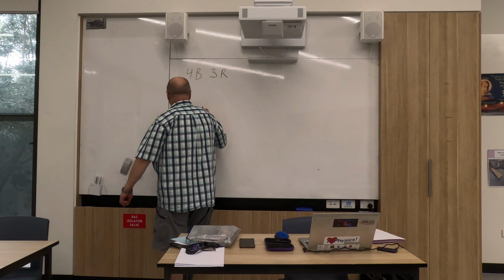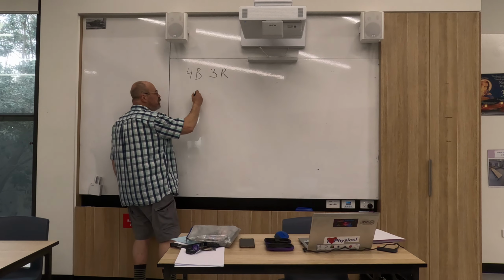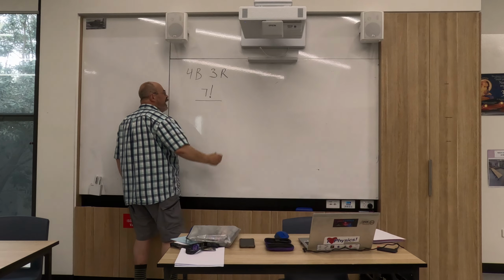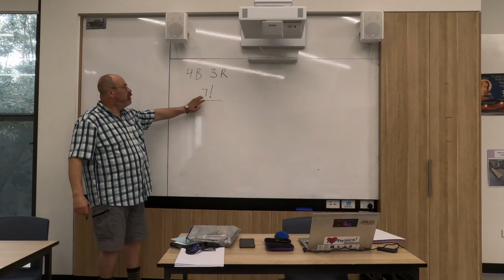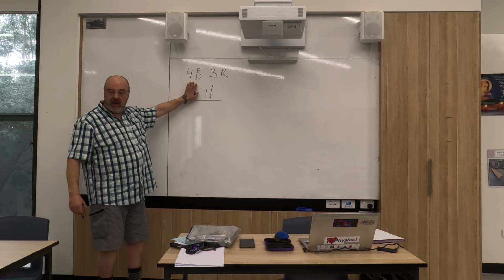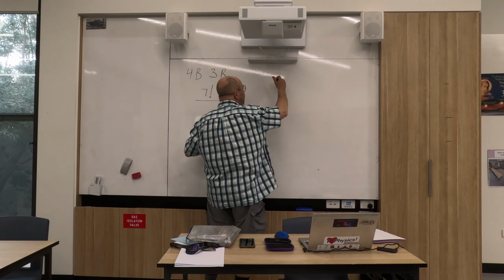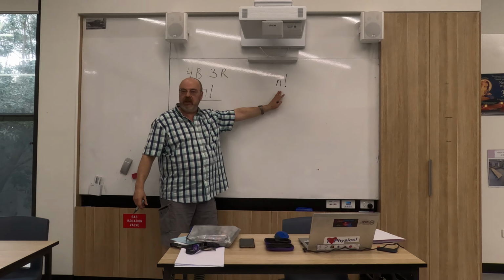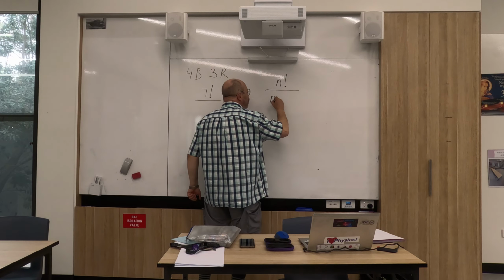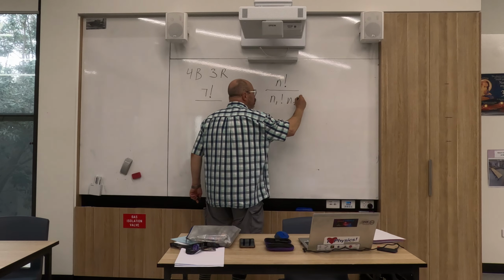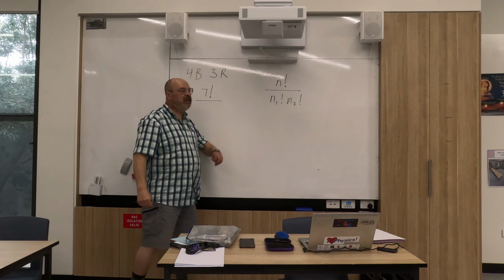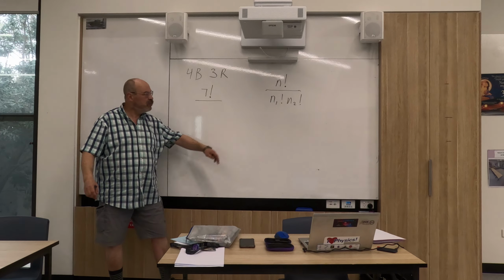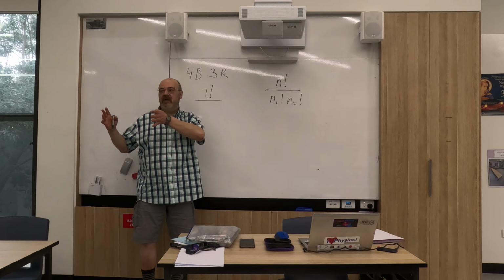We have the total possible number of arrangements. We have 7 objects, so we will have 7 factorial, and we need to divide by 4 factorial and 3 factorial. The general formula is n factorial, where n is the total number of objects, divided by n1 factorial, n2 factorial, where n1 is the number of one type of identical objects, and n2 is the number of another type.